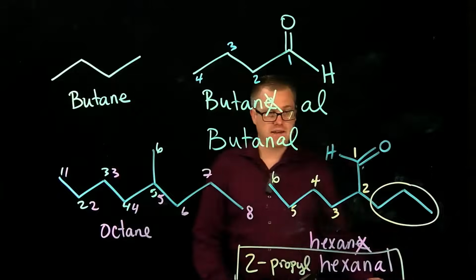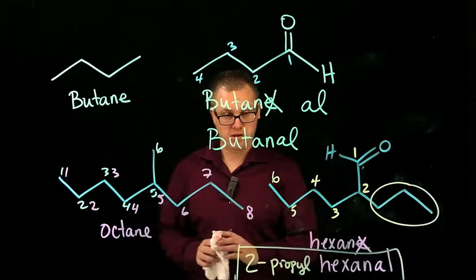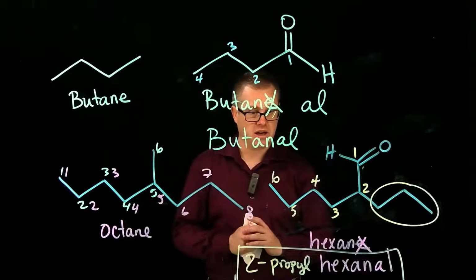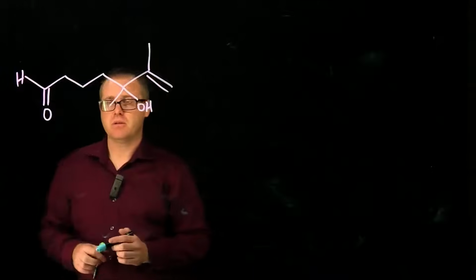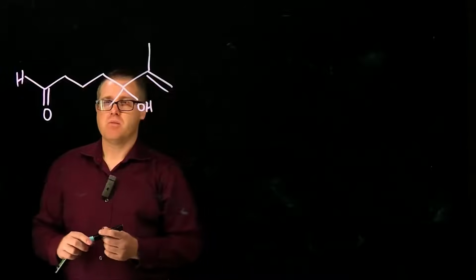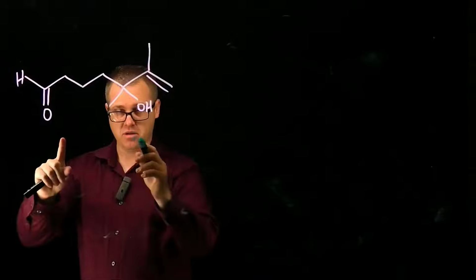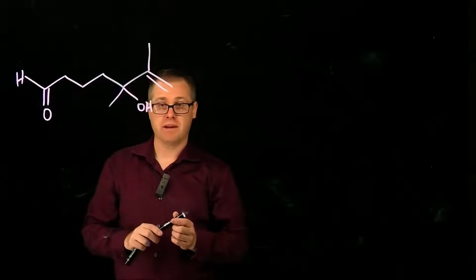So let's do another example to make sure we understand the proper numbering scheme when we look at aldehydes, okay? So here's an example of an aldehyde that has an alcohol in it and an alkene. And we'll tackle problems like this a little later, but the purpose of this example is not to name this molecule, it is to number the longest carbon chain in the correct way.